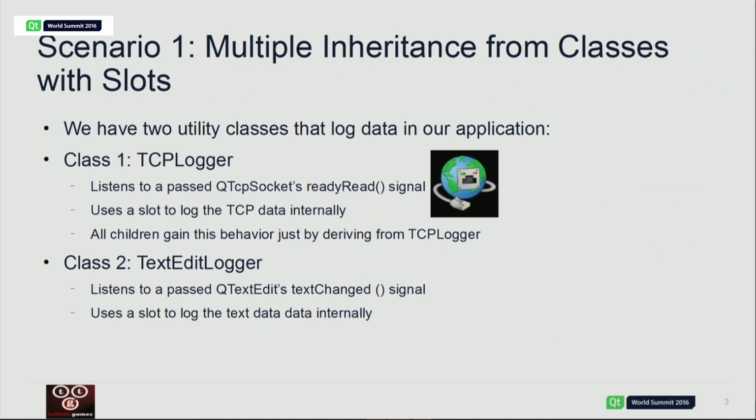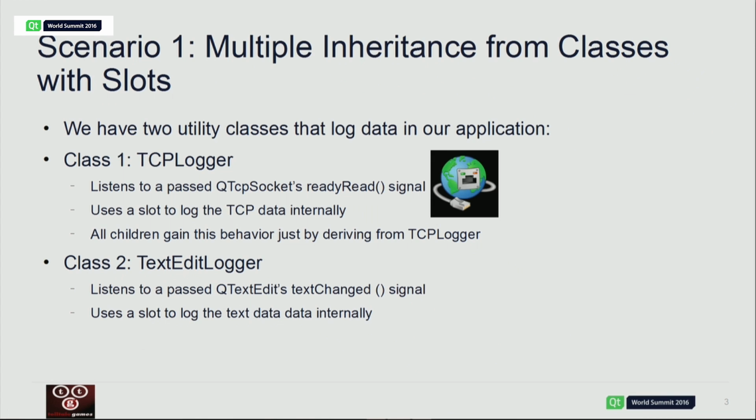Our scenario one is we've got multiple inheritance from two different classes that each define slots. So we'll have utility class one that's just a TCPLogger. It listens to a TCP socket, let's say its readyRead signal, and then it defines a slot that just logs the data internally.